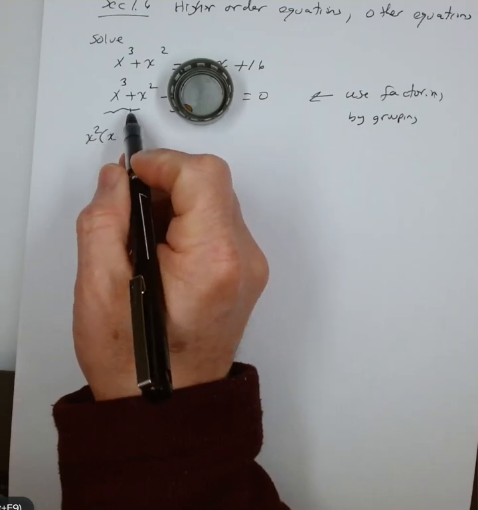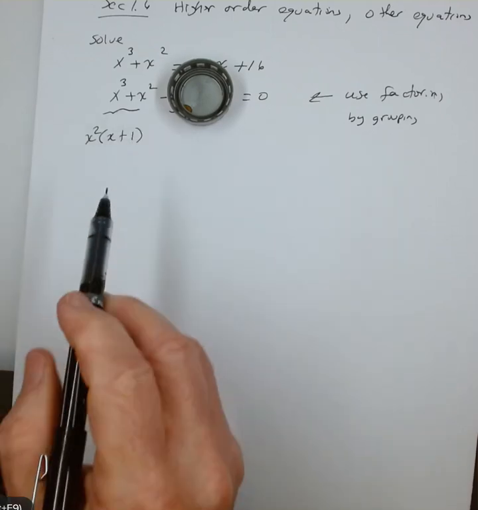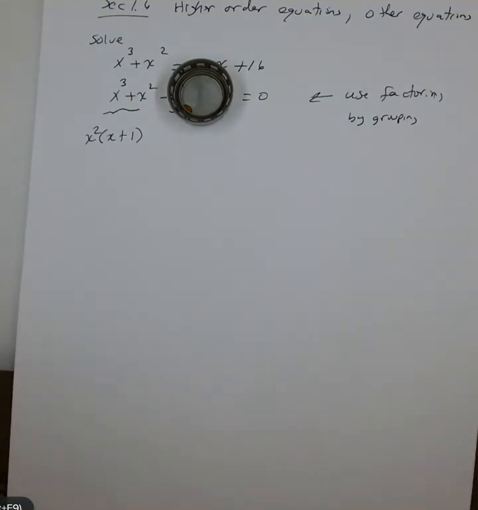X. And then plus x squared times what is itself? 1. So when I factor x cubed plus x squared, I get x squared times x plus 1. Makes sense because by the distributive property, x squared times x is x cubed, and x squared times 1 is x squared. Okay, so that's my first group.